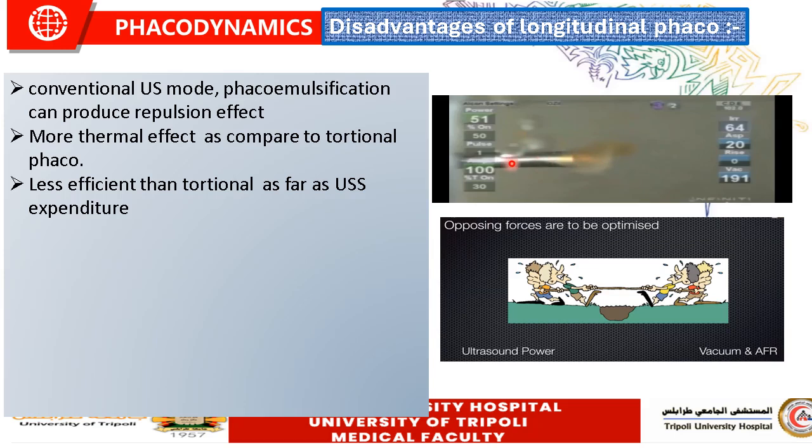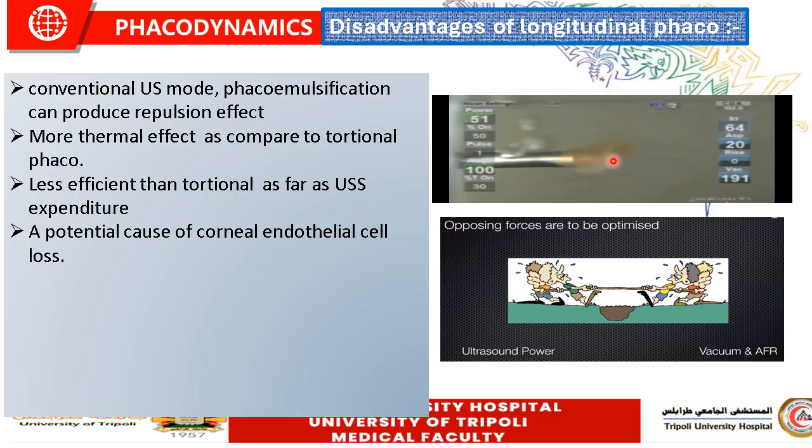Unlike the torsional phaco and the transverse phaco, in which the lens fragment is continuously in contact with the phaco needle. So the efficiency of the longitudinal phaco is less as compared to the torsional and transverse phaco.